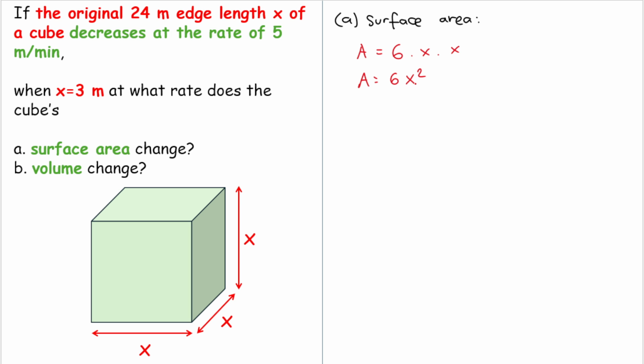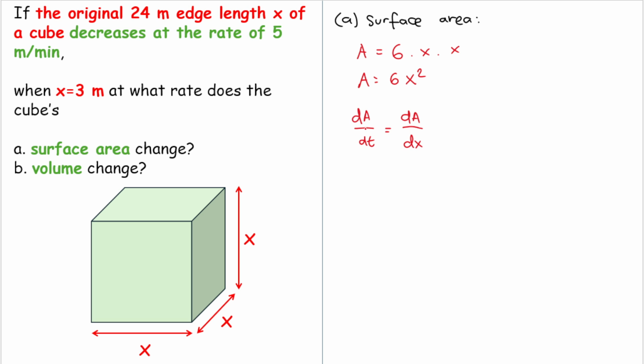However, the question is asking us at what rate does the cube surface area change. At what rate means that it is the derivative of this A with respect to time. So I will have dA over dt. However, on the right hand side, we only have the x variable, so we will have dA over dx here.